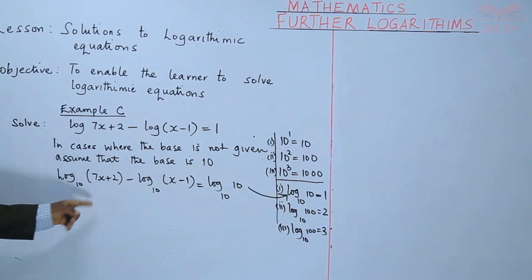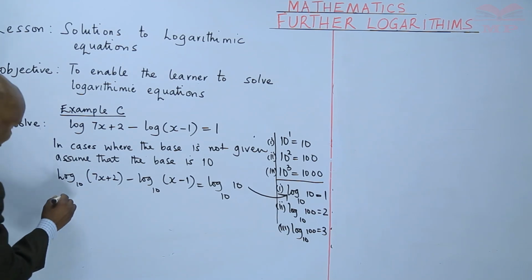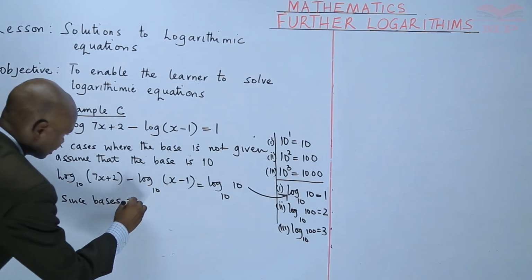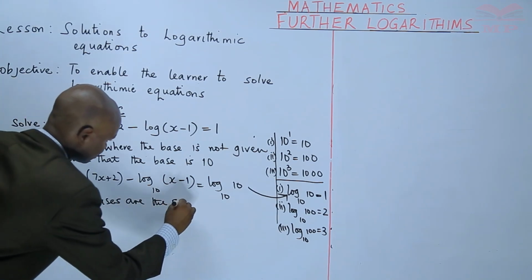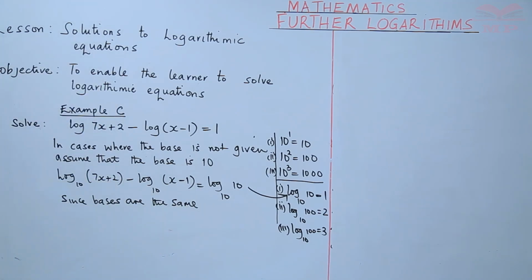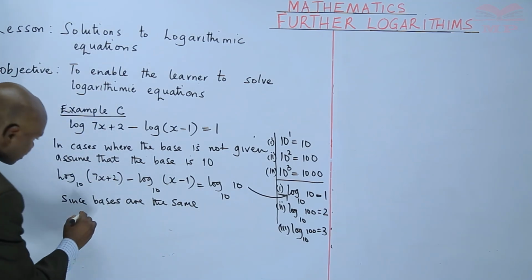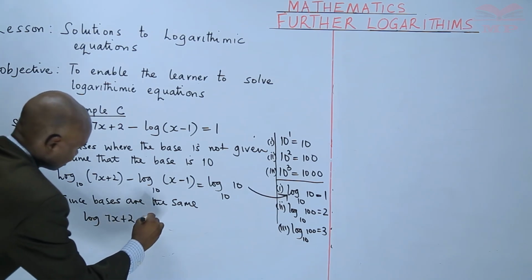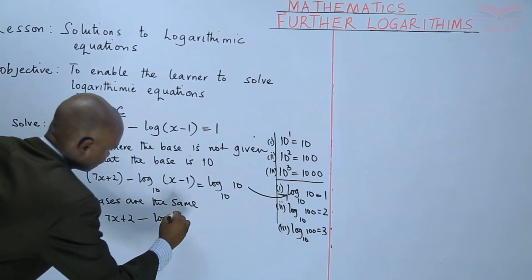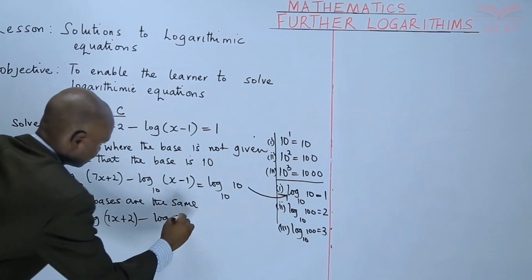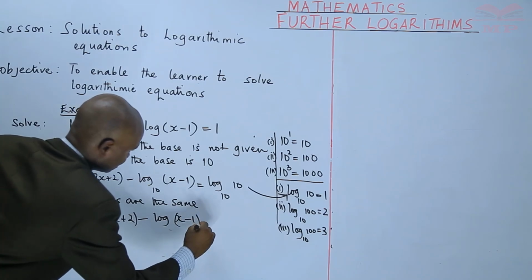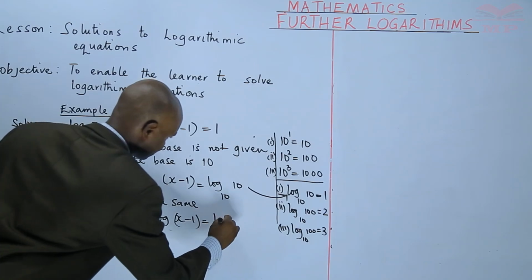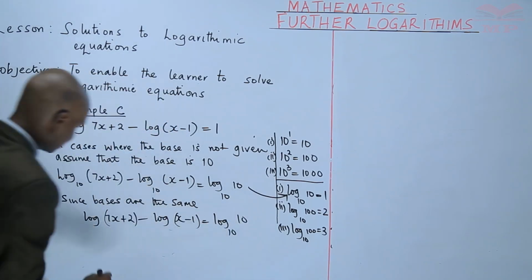Since the base is 10, since the bases are the same, I can write log 7x plus 2 subtract log x minus 1 is equal to log 10.